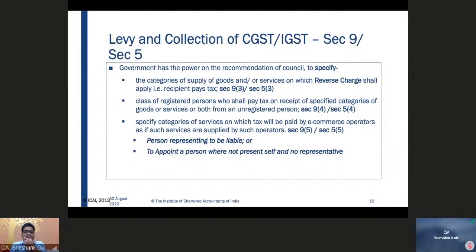That we will discuss. Next it says, specify categories of services on which tax will be paid by e-commerce operators. Say you go to DLF Mall, Lodha Mall or any other mall, and you buy a shirt or a trouser from Shoppers Stop.